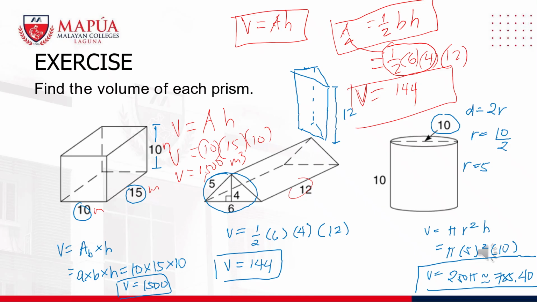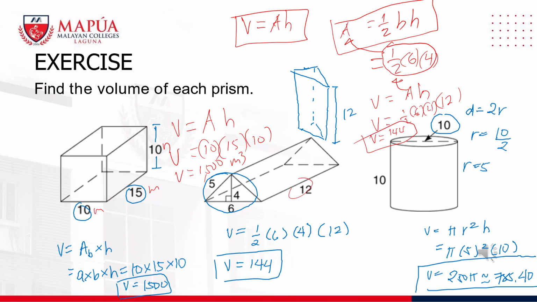Okay, so we're talking about the area of the base, 1/2 BH, 1/2 of 6 times 4. When you multiply that with the height, volume is equal to area times the height. So volume is equal to 1/2 times 6 times 4, then times h, which is equal to 12. So that is now the volume, which is equal to 144.